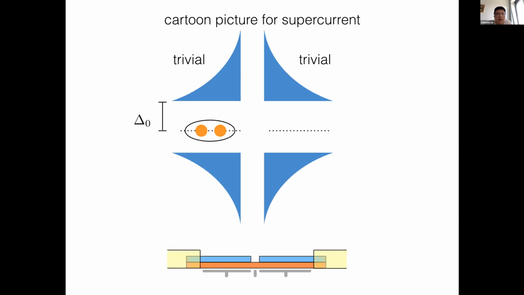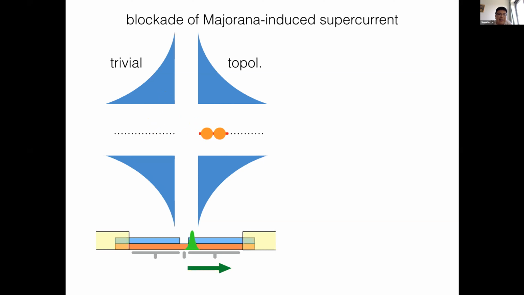Next, we look at the similar process between a conventional superconducting lead and a topological superconductor. Now there's a zero mode, the Majorana zero mode localized at the junction between the two superconducting leads. So there's another option for the Cooper pair to tunnel from left to right. The first electron, say spin up, can tunnel into the zero mode, leaving an unpaired spin down electron. In the second step, they form a Cooper pair again.